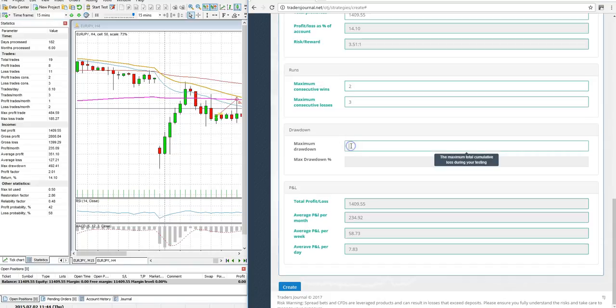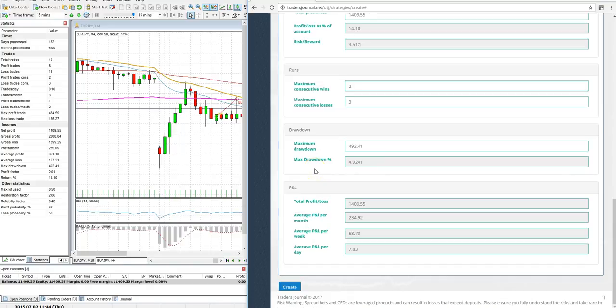Maximum drawdown. So maximum drawdown, we're back over here. Maximum drawdown down here. Max drawdown 492.41. Again, this number looks terribly simplistic because we started off with a £10,000 account, so it's a very nice round number.